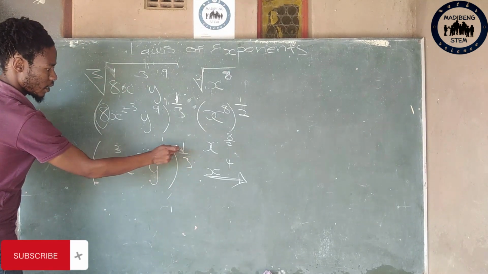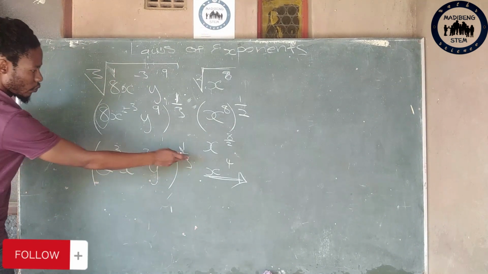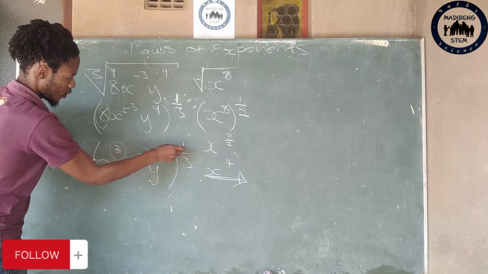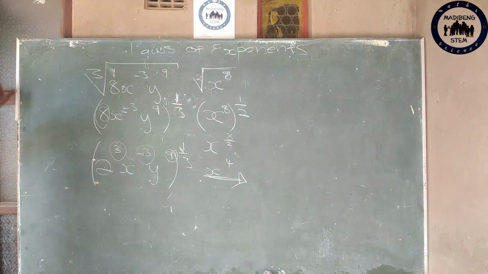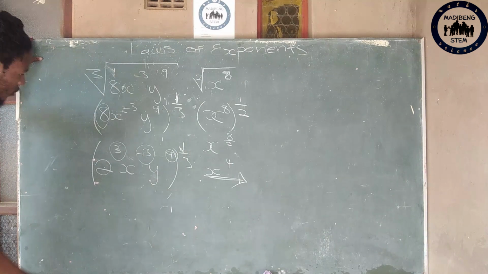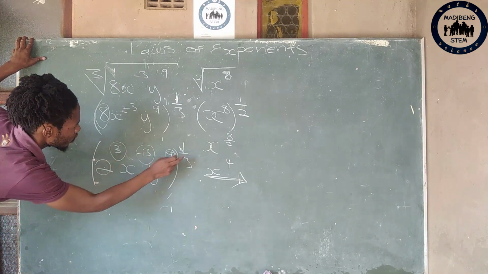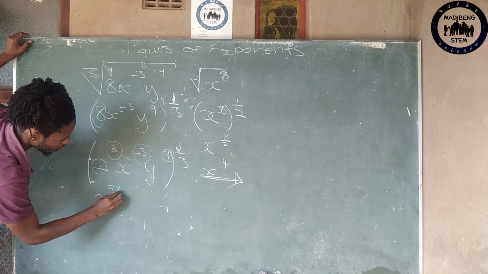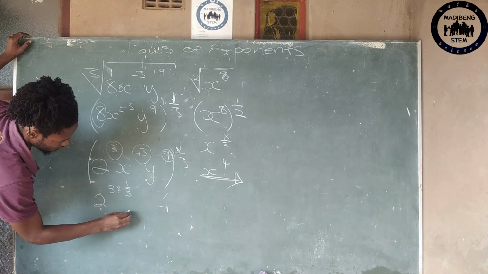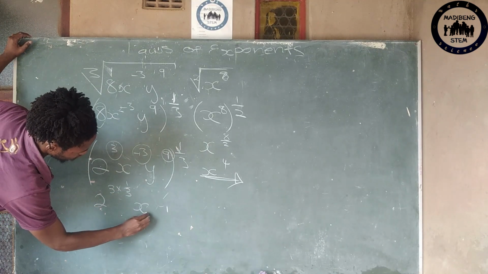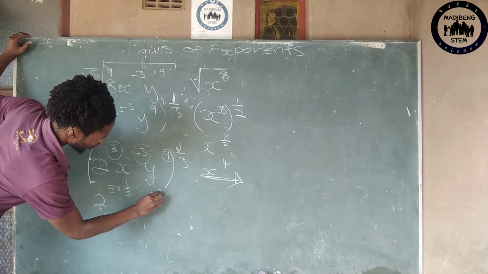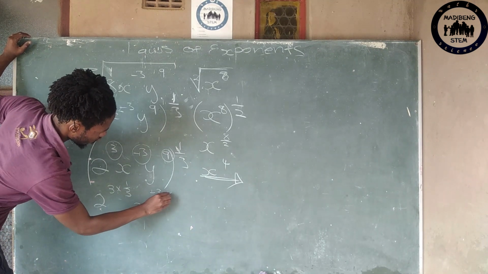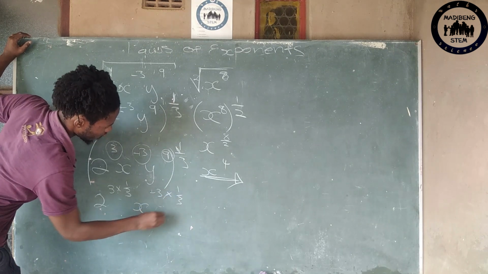So we multiply this with this, this with this, this with this. Let's go ahead and multiply, guys. What is 3 times 1 over 3? Then x to the minus 3 multiplied by 1 over 3.